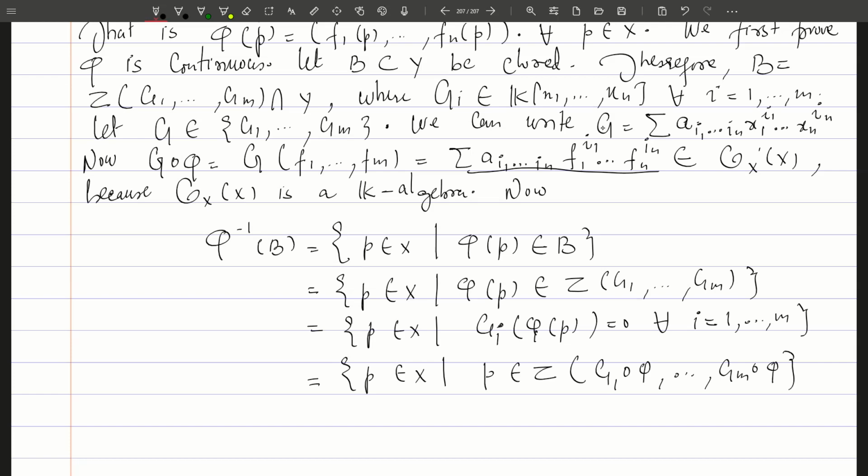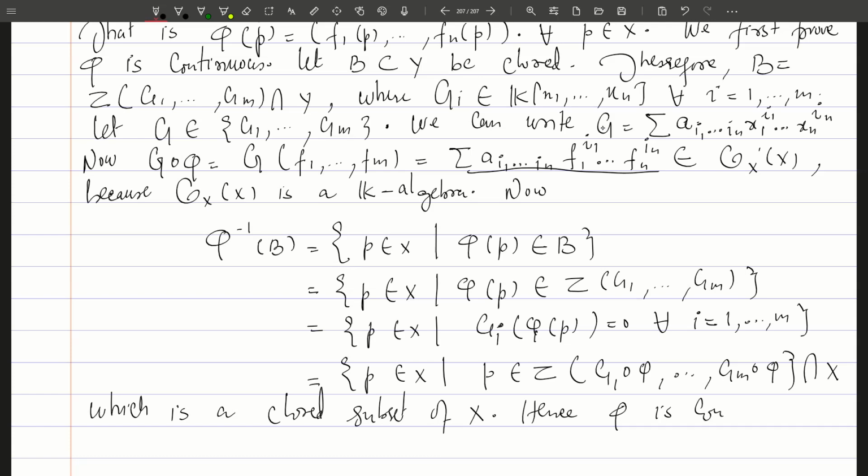Now to make sure that this set lies inside X, we take the intersection with X. So one can see that this is a closed subset of X. So hence phi is continuous.